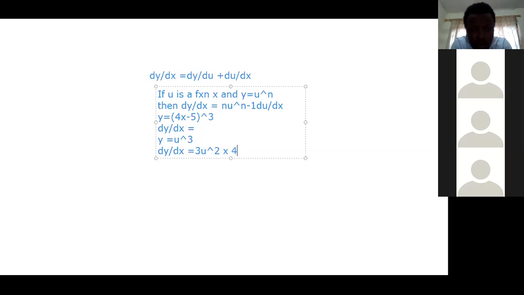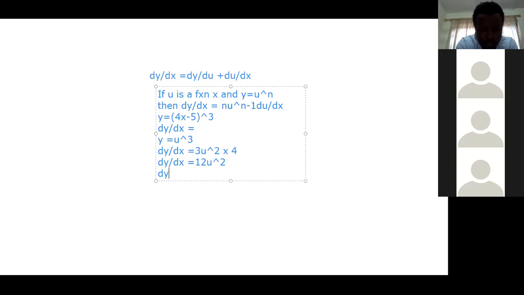So by 4, and you know this one is very simple. We are going to get dy/dx is equal to 3u, 4 times 3 will give us what? 12. 12u into bracket 2. But we know our u is equal to 4x minus 5.